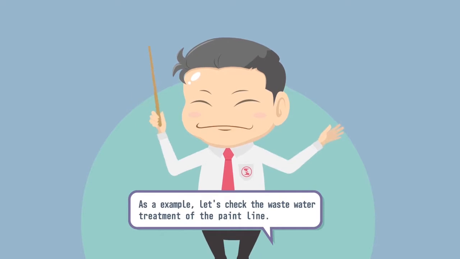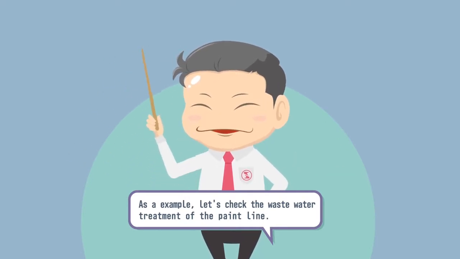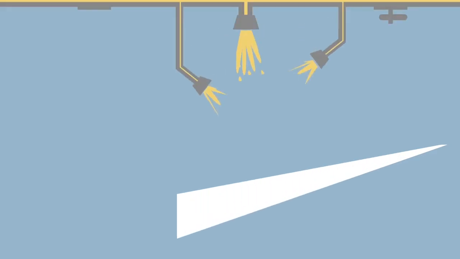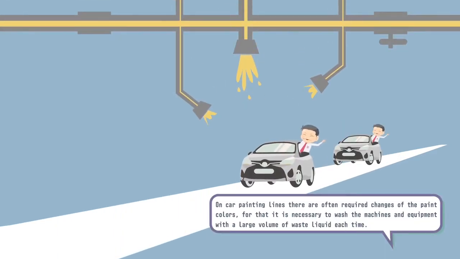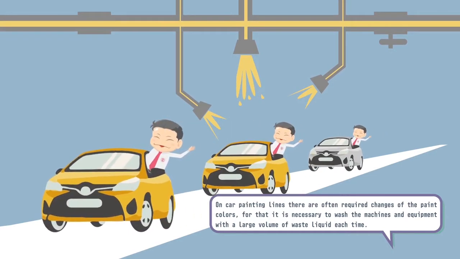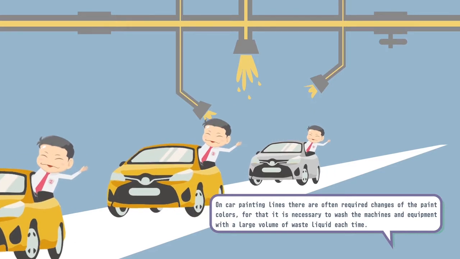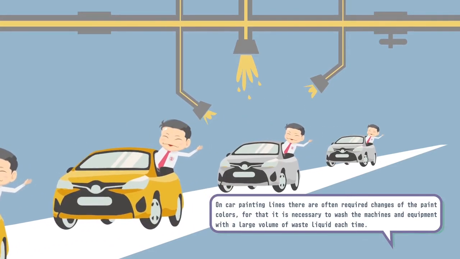As an example, let's check the wastewater treatment of the paint line. On car painting lines, there often require changing of the paint colors. For that it is necessary to wash the machines and equipment with a large volume of waste liquid each time.